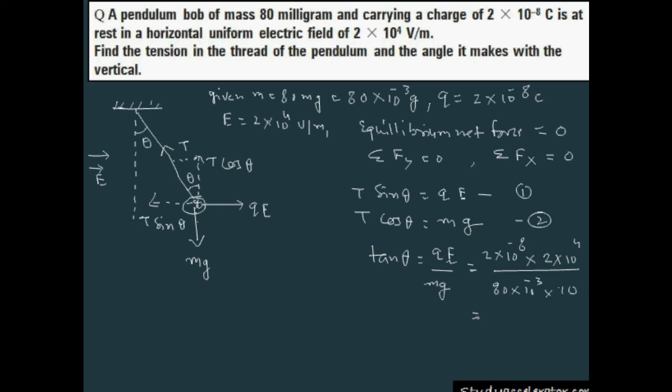On calculation, this will result in 0.51. It means that tan theta equal to 0.51. If you see in the table of tan theta, the angle for 0.51 is 27 degree. So this is our first result.